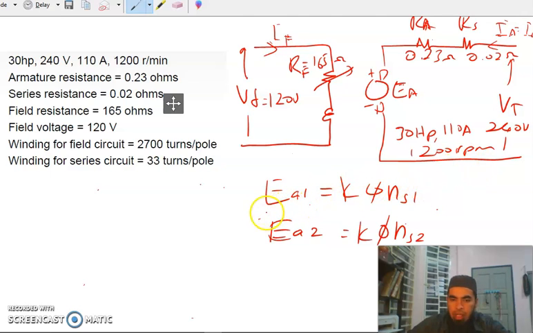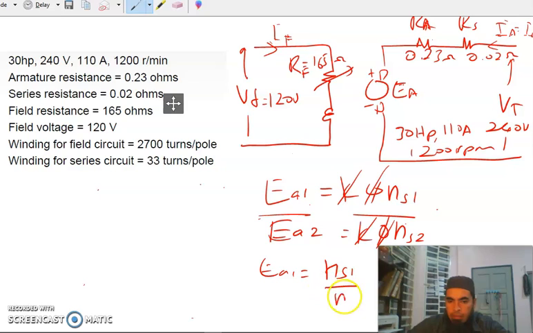So dividing both of these equations, we cancel the constant and also the flux, and it remains as EA1 over EA2 equal to S1 divided by S2.